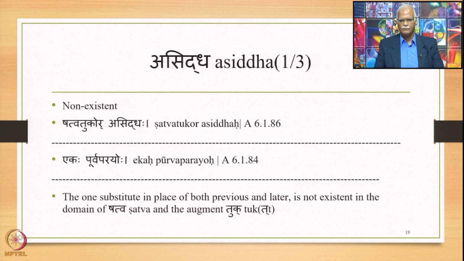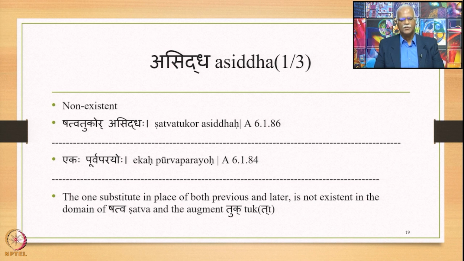Now let us study what is asiddha and how it can be studied in the light of ach sandhi. So, within the adhikara ekah purva parayoh, which deals with ekadesha, there is a sutra shatvatukorasiddhah 6186, which deals with asiddha. Asiddha literally means non-existent. Something does not exist.